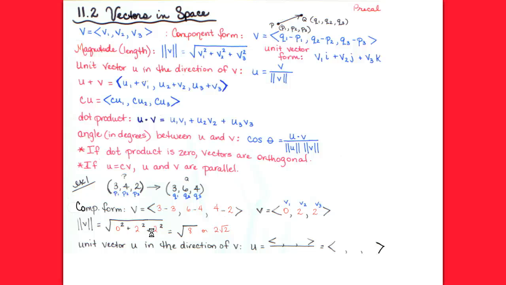Unit vector in the direction of v, our formula was to take the vector and divide it by its magnitude. So our vector was 0, 2, 2. Let's divide it by that magnitude that we just found, which was 2 square roots of 2.